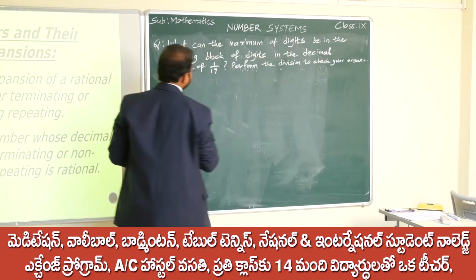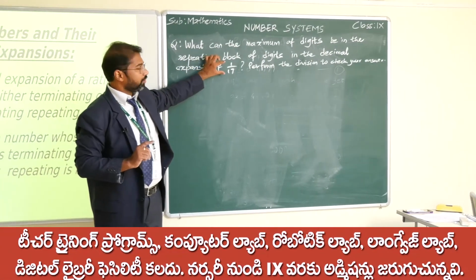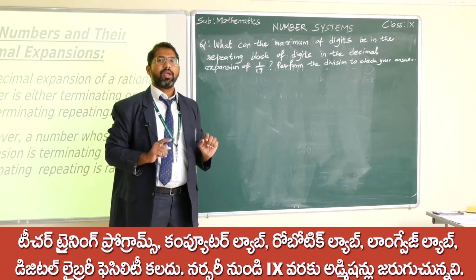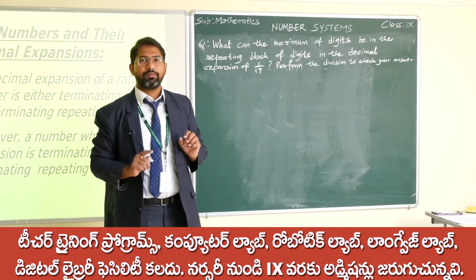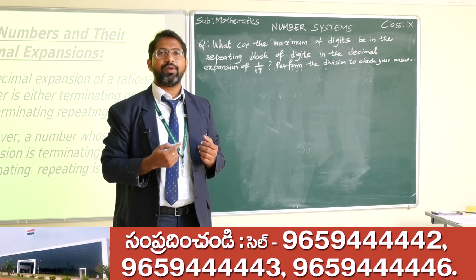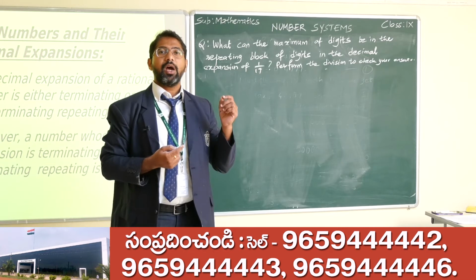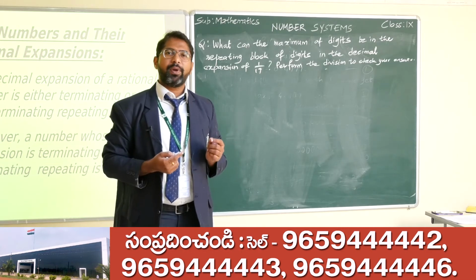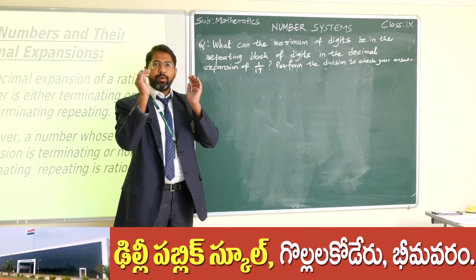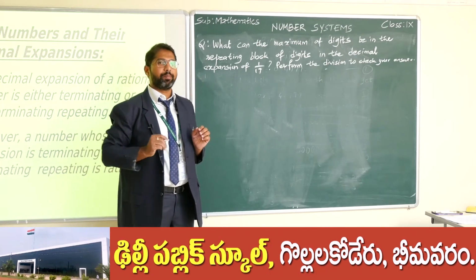Here the given rational number is 1 by 17. When you do the long division, you will find that 1 by 17, when you write in decimal expansion, is a non-terminating repeating decimal. It means that you will have a block of digits which are repeating.